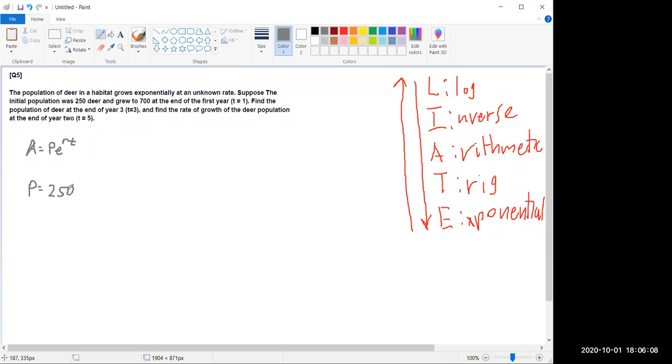A. Well, it is A, but it's more to that. So it's A when what? When t is equal to 1. Yeah. Because technically A is a function of t, right? So A of 1 is 700. Okay, so using this information, let's see what we have.